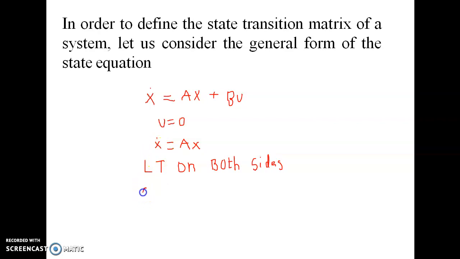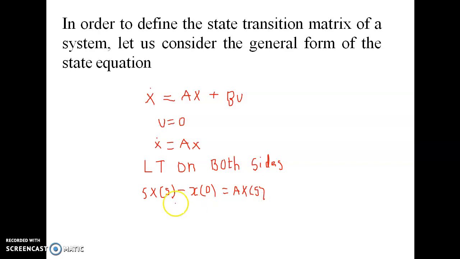Its Laplace transform is s X of s minus x of 0, where x of 0 is the initial condition. This is equal to the Laplace transform of Ax, that is A into X of s.